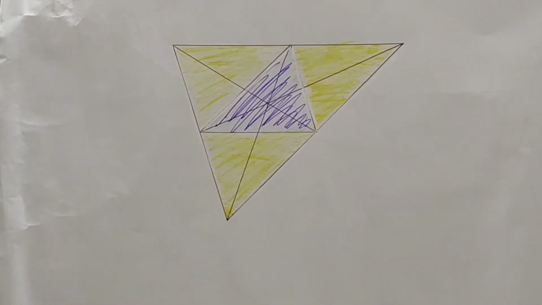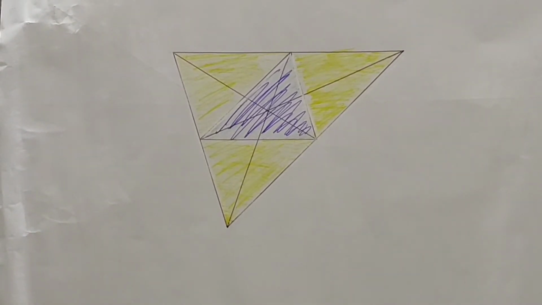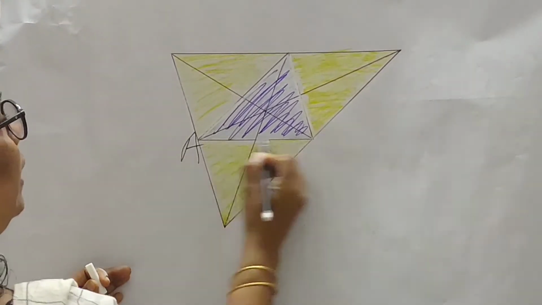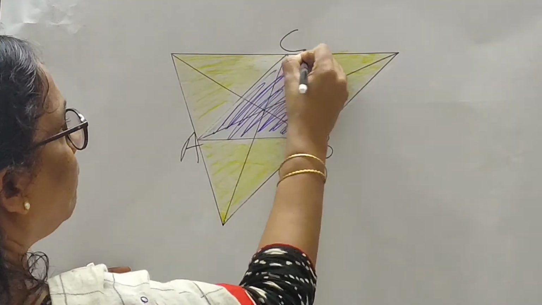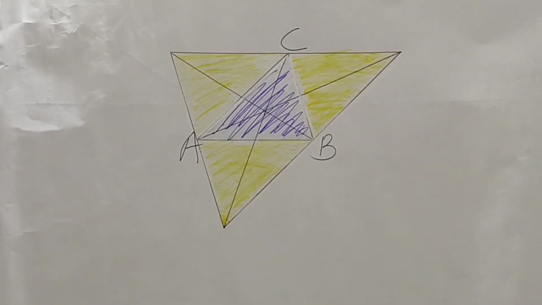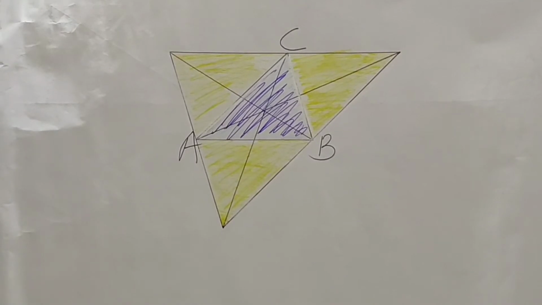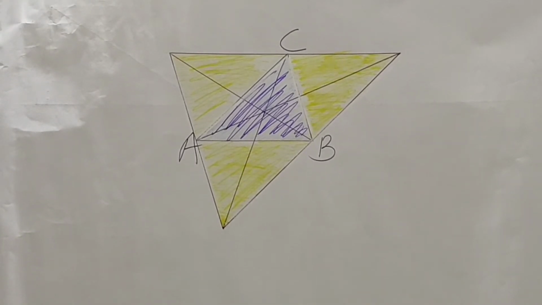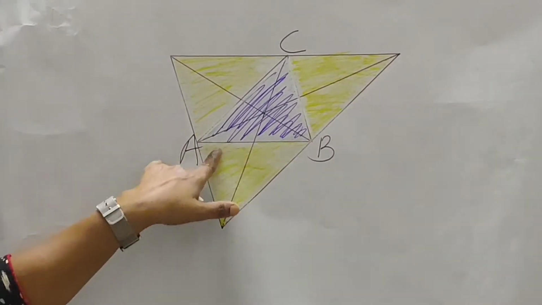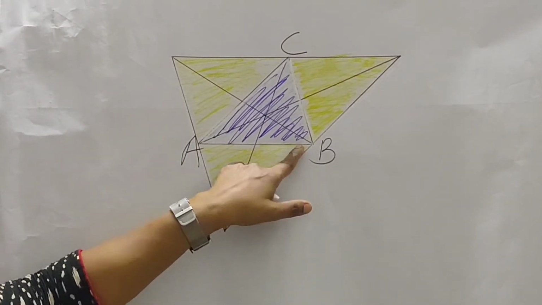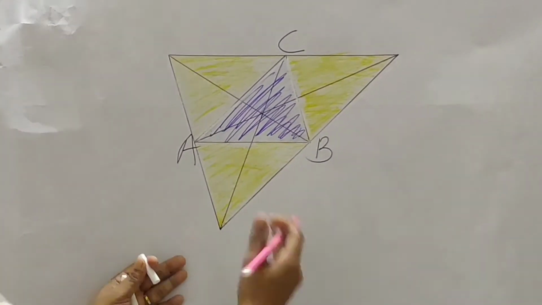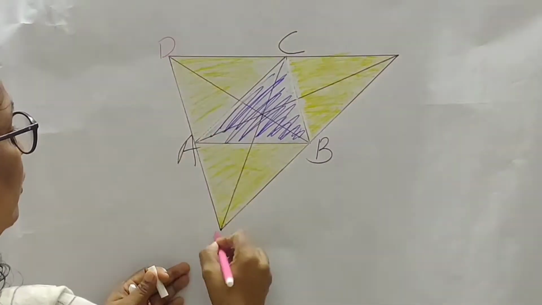So we can take the blue triangle. We can mark it as ABC. Blue triangle ABC. We can take AB as the base, and the other triangle we can mark here as DEF.